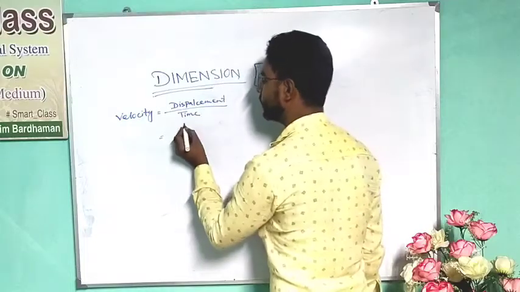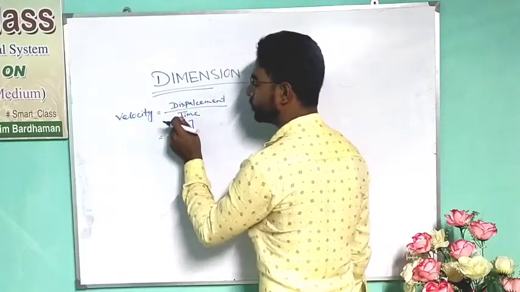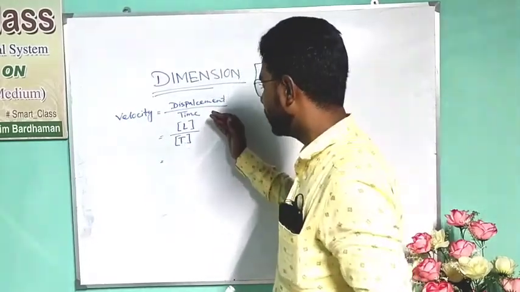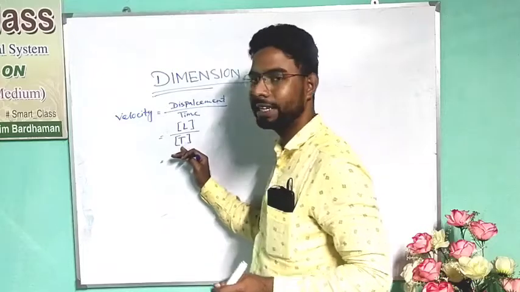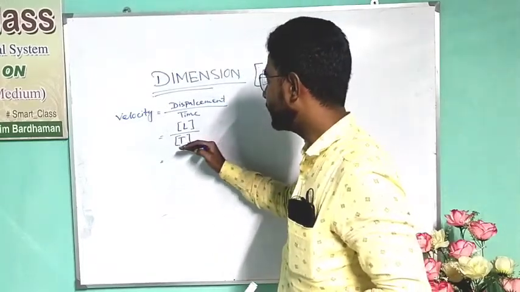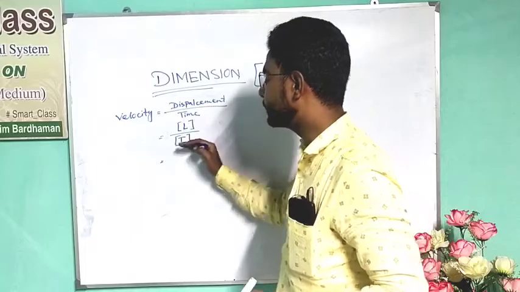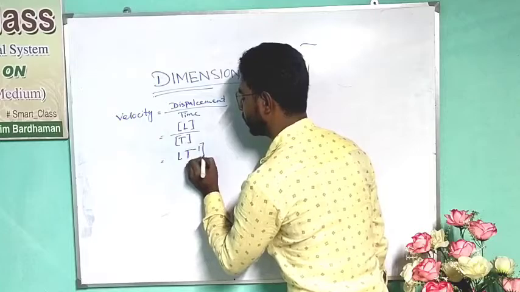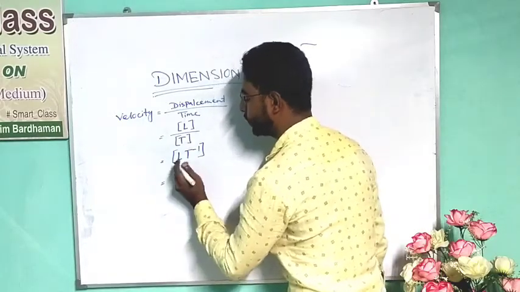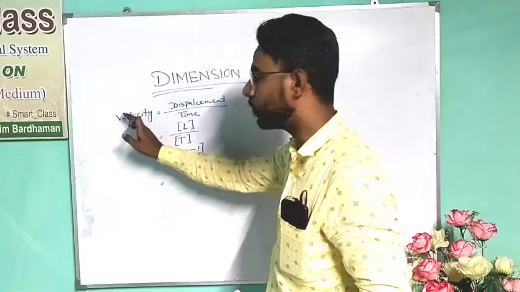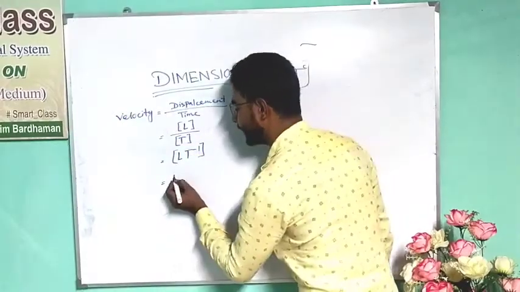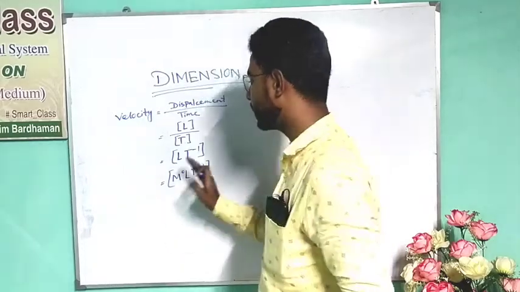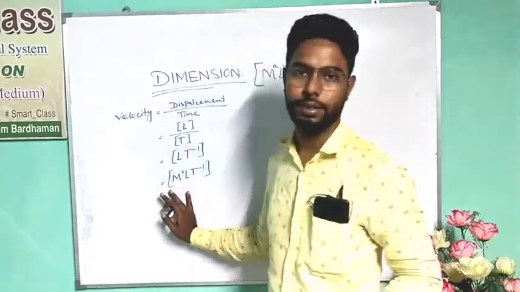We write L, and we also have T, which means time. If a denominator becomes the numerator, its power becomes negative. So we write L T minus 1. We don't have any mass in velocity, so we write M0 L T minus 1. This is the dimension of velocity.